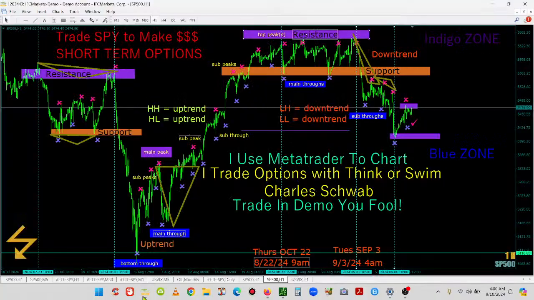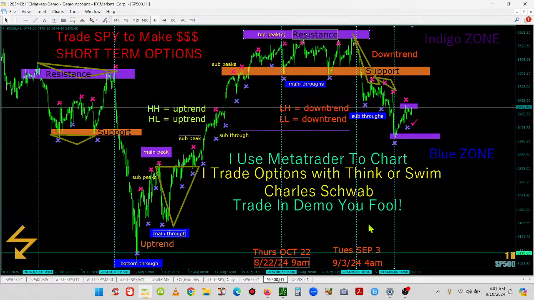And what are we doing on my chart? My chart is the S&P 500. I'm just tracking that to do technical analysis, doing analysis so we could trade options.